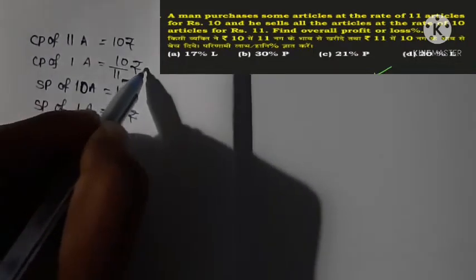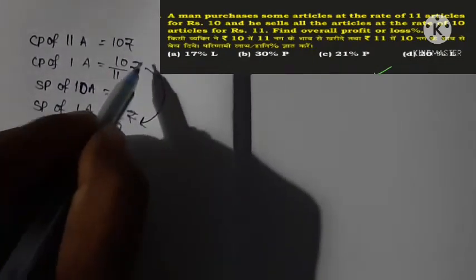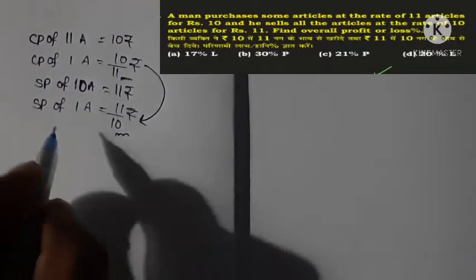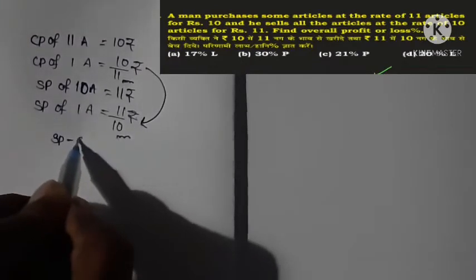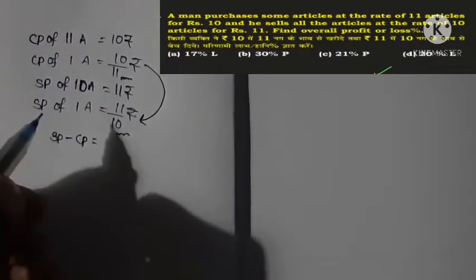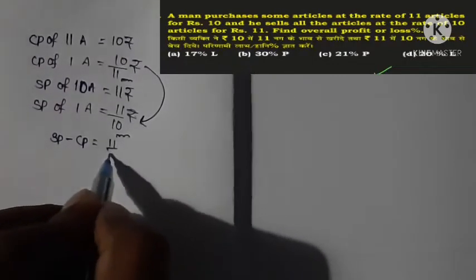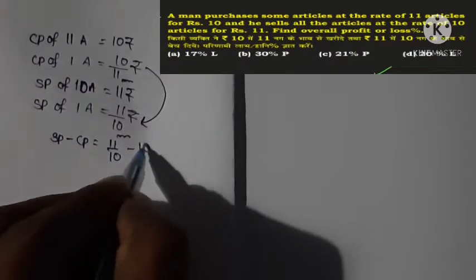Here the profit is SP minus CP. So we calculate SP minus CP. The selling price is 11 by 10 and the cost price is 10 by 11.